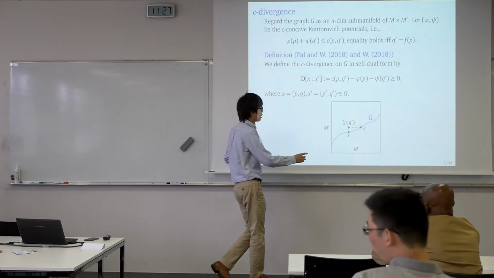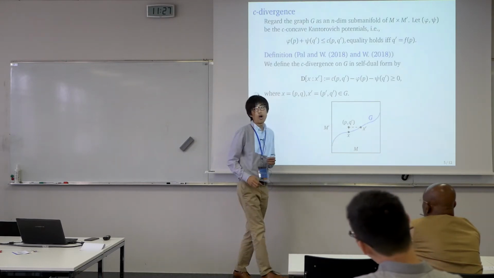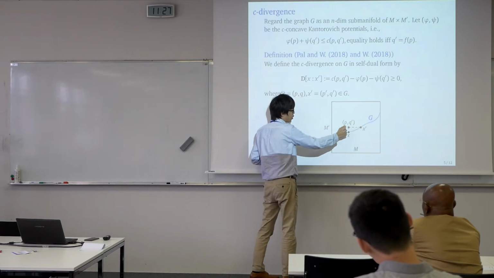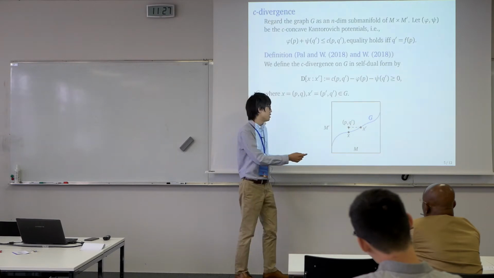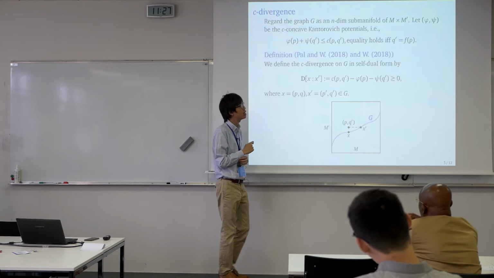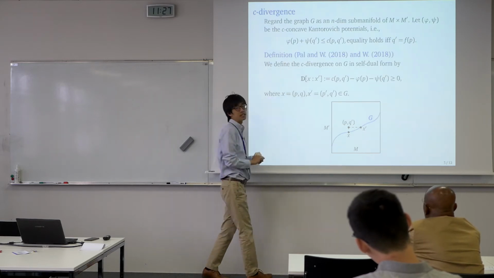Given two points, x and x prime, on the graph, I can have a new point, p, q prime, where I take the first coordinate of the first point and the second coordinate of the second point, and then I look at this particular inequality.